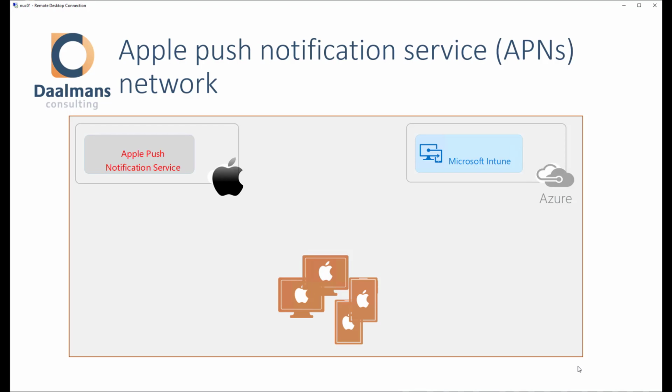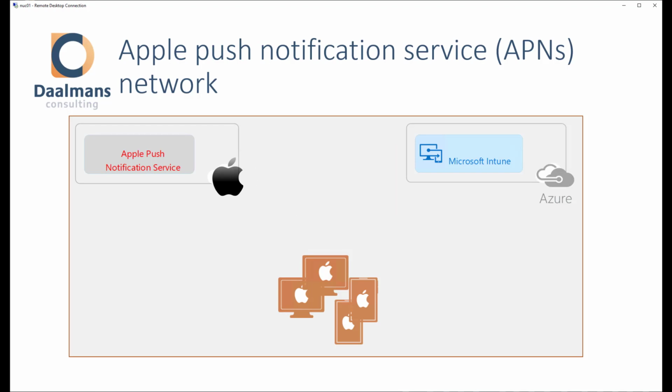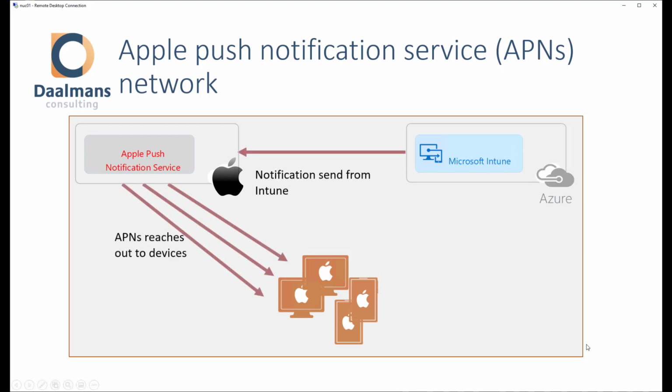Basically, what we need to do is configure a certificate, set up a connection by requesting an Apple push notification certificate that we need to import to Microsoft Intune. If that's done, a connection is set up and we are able to send notifications via the Apple Push Notification Service to devices that are managed via Intune.